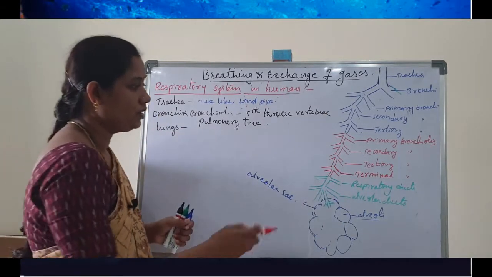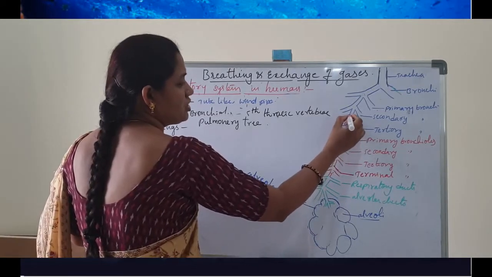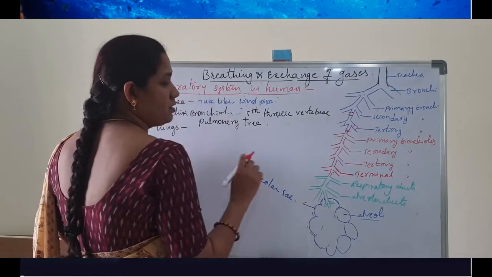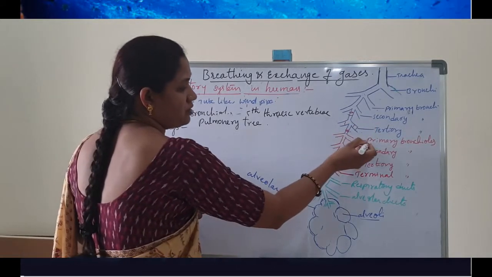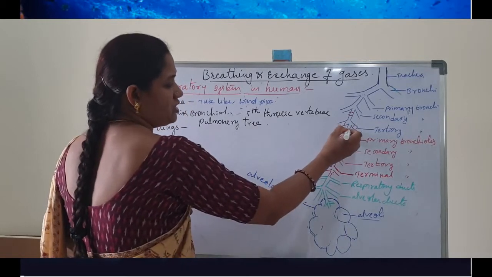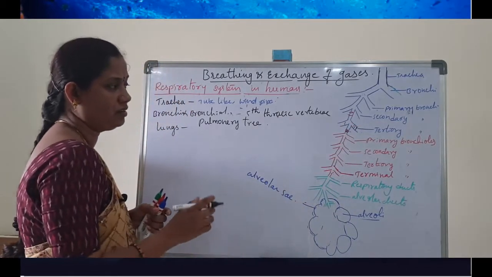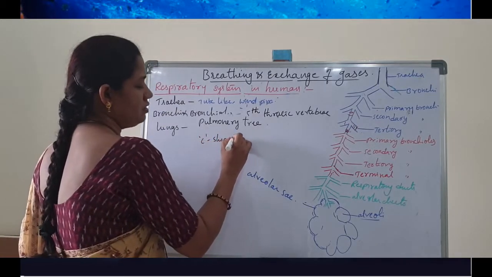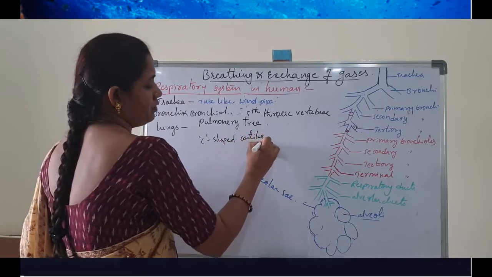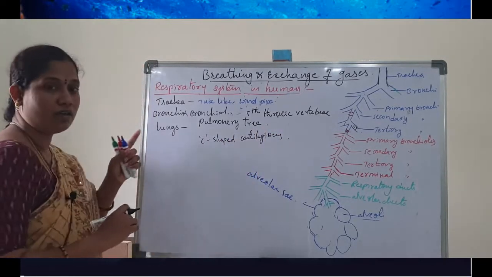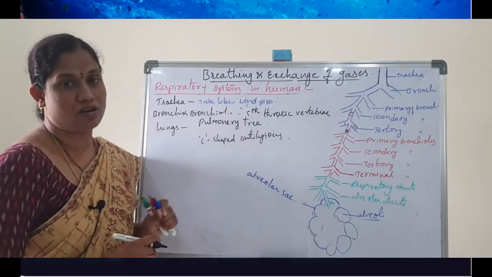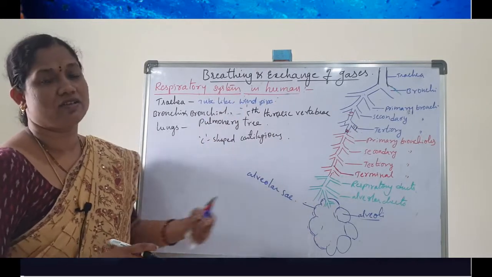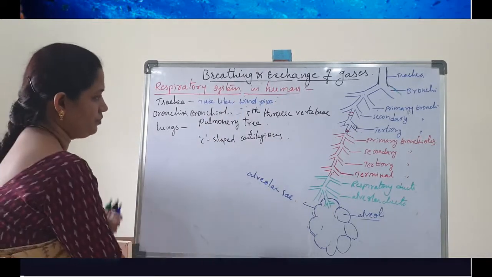The C-shaped cartilaginous rings are present up to the tertiary bronchi. The branches of the bronchi and bronchioles form a tree-like structure in the lungs, called the pulmonary tree.